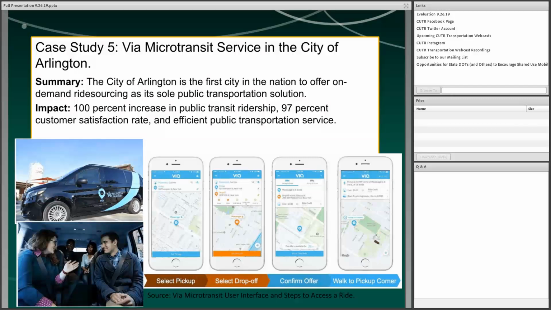In addition, Via also operates 2 HandyTran paratransit wheelchair accessible vehicles on its platform in Arlington to provide on-demand microtransit wheelchair ride sourcing trips. It is important to provide comparable on-demand trips for wheelchair passengers as well, when there are more options available for the general public. Via has seen a 100% increase in public transit ridership when compared to its previous fixed route service, and has achieved a good customer satisfaction rate.